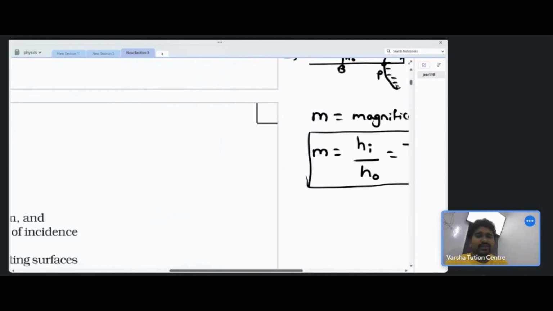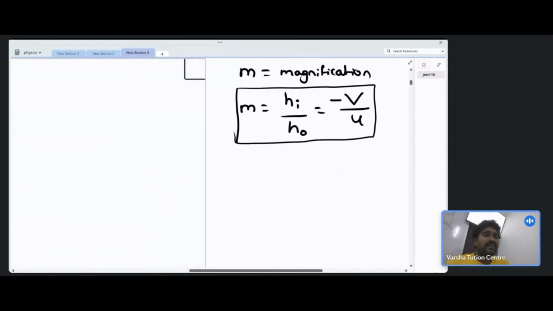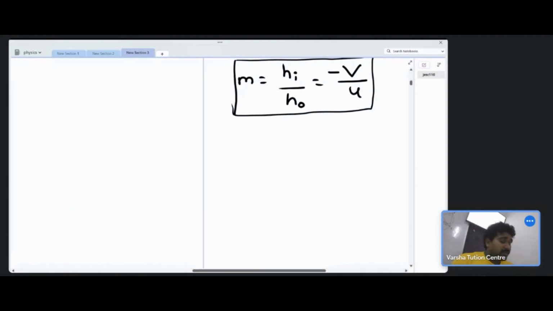Actually, here there are some characteristics of the image, or nature of the image, that they used to tell. You need to talk about whether the image is first of all real or virtual.